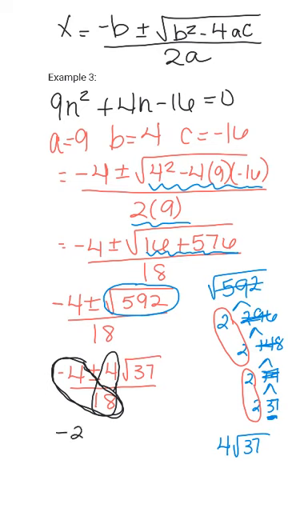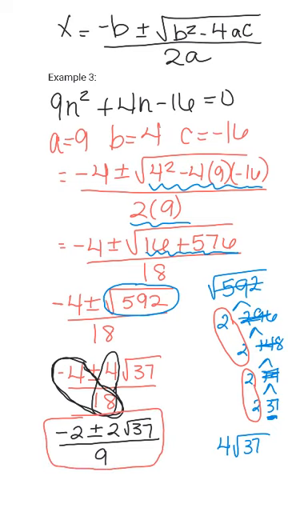So that would leave me a negative 2. 2 goes into 18 9 times. 2 also goes into this 4, so it can be simplified. I can divide all of them by 2, so I can simplify this to negative 2 plus or minus 2 square root of 37 divided by 9. And that would be our most beautiful exact answer with no rounding.